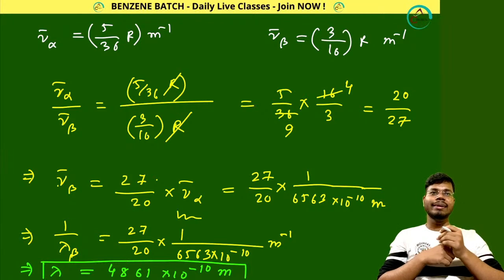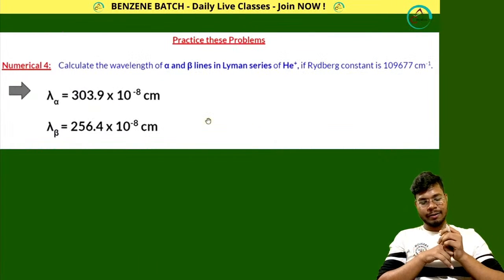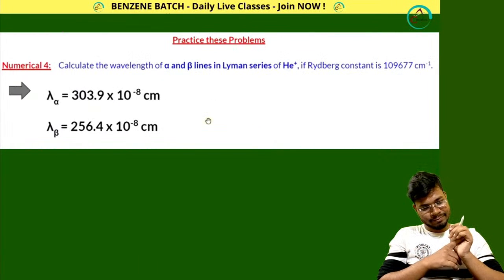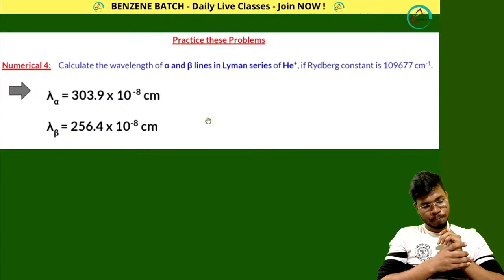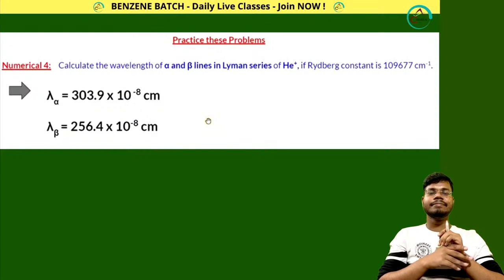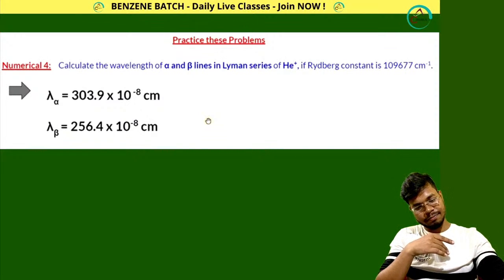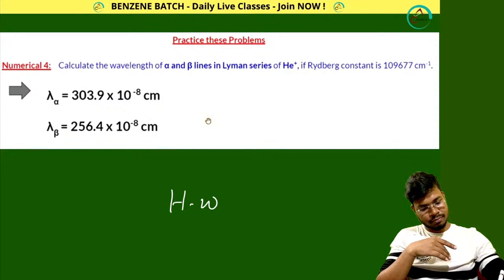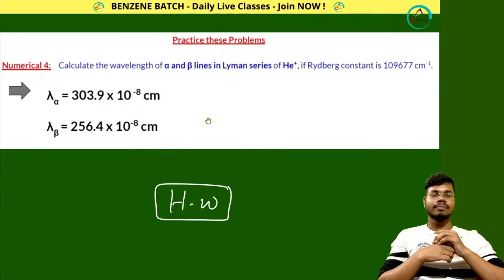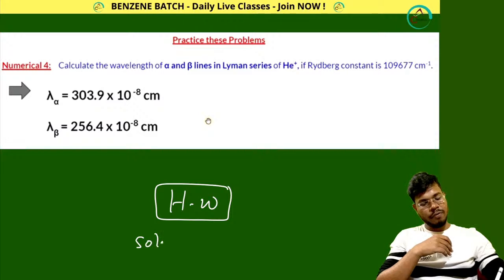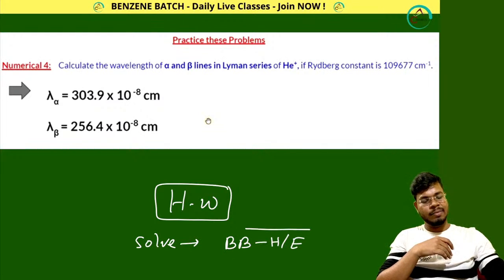I got two clear, and where are the others? This is your homework. Solve it and send it to the benzene batch A/E in the assignment section.